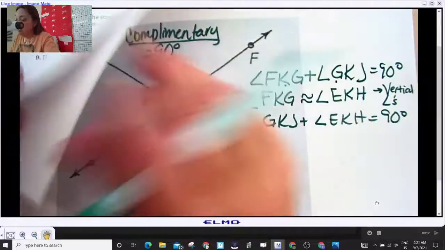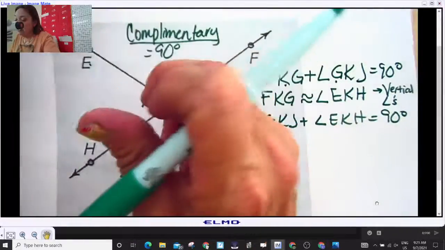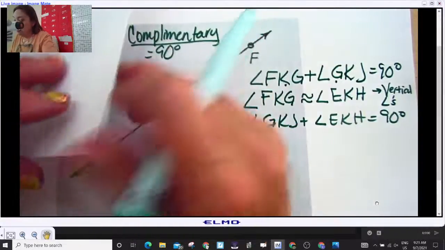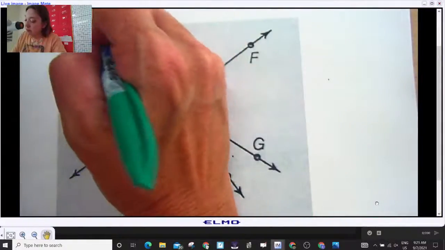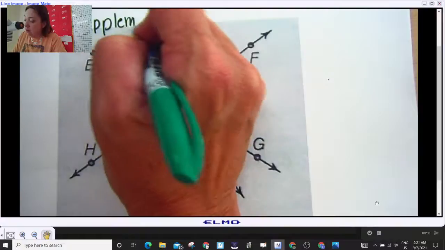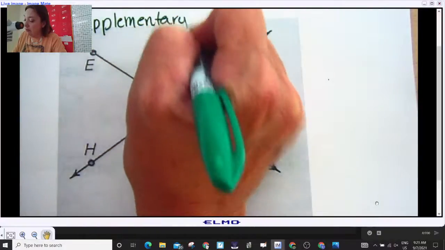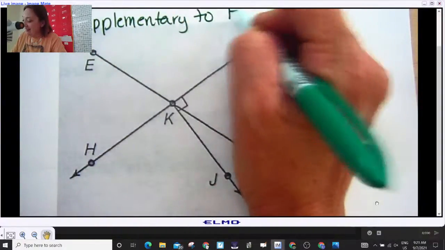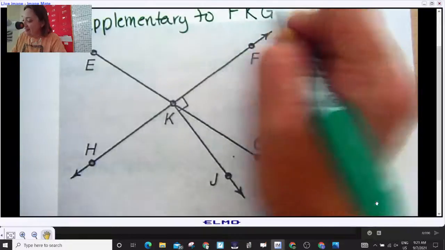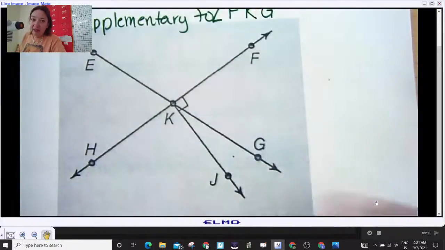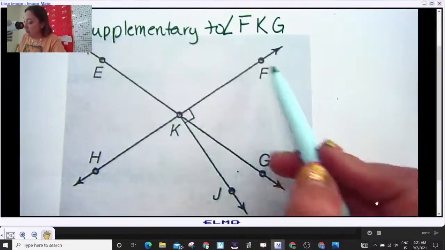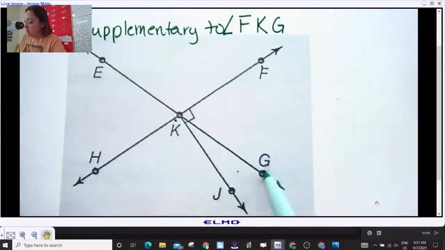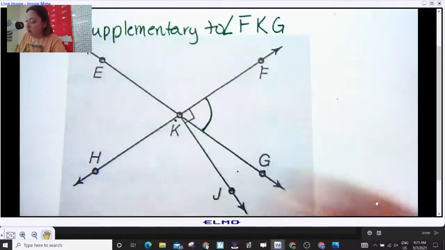Supplementary. So we're looking for supplementary to FKG. Now, what does supplementary mean? Supplementary to angle FKG means they have to add up to 180, right? So FKG is my angle right here that I'm looking at.